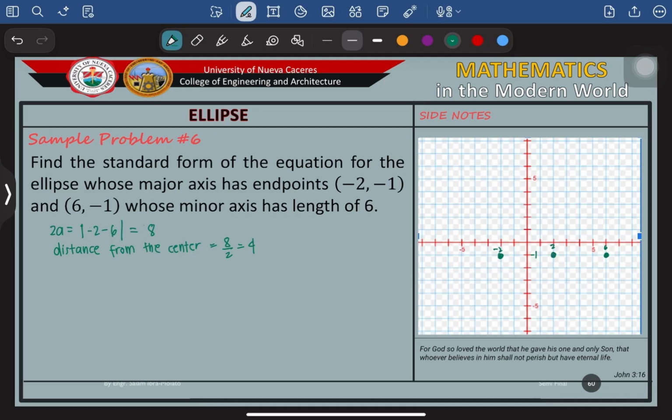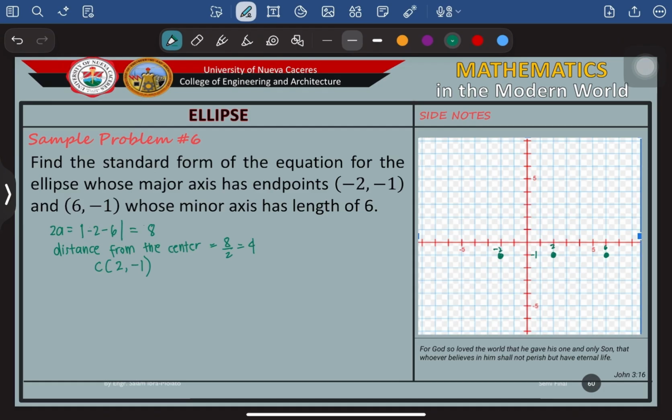Then the minor axis has a length of 6, so its total length is 6. Therefore, the center has a coordinate of (2, -1).